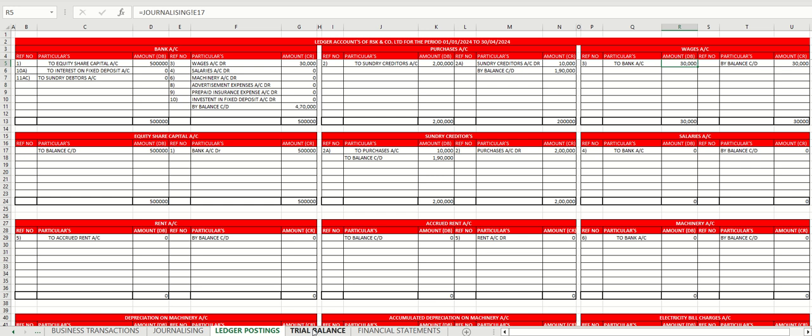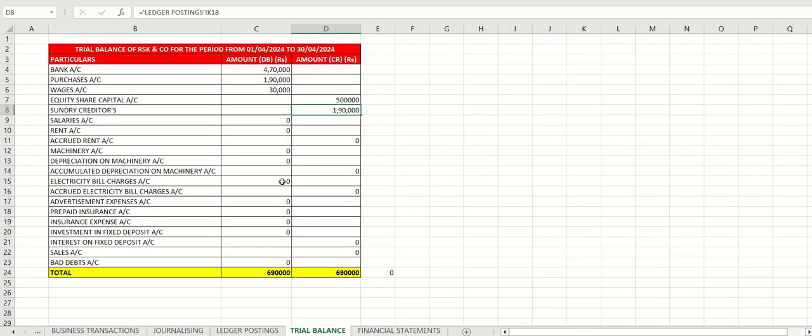So the balance for the bank and the balance against the wages are required to be updated in the trial balance. Now, the balance against the wages is 30,000, and against the bank, this 30,000 gets adjusted against the existing balance. So the net balance would be 4,70,000.